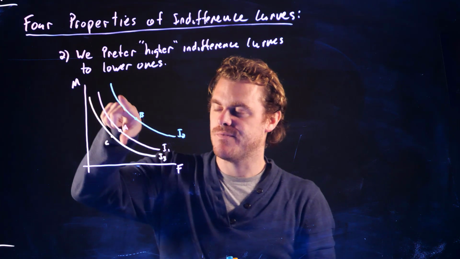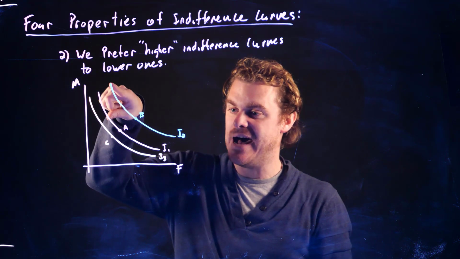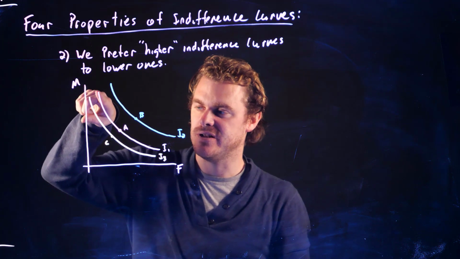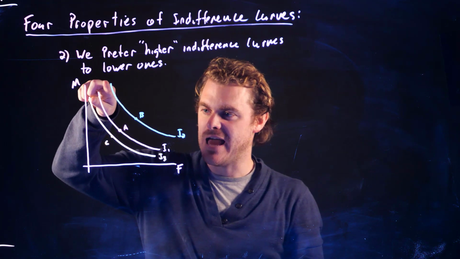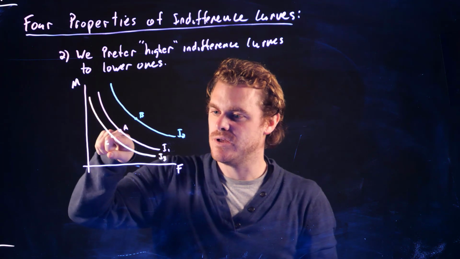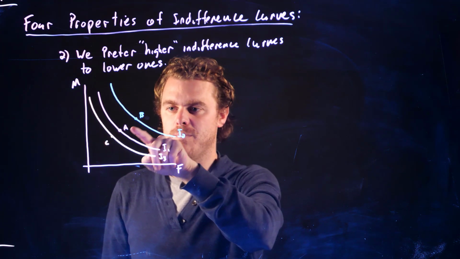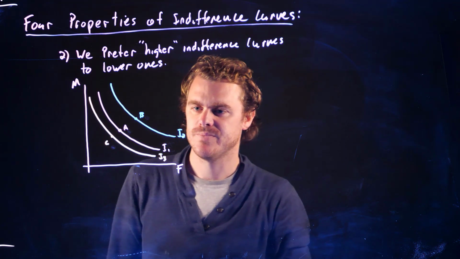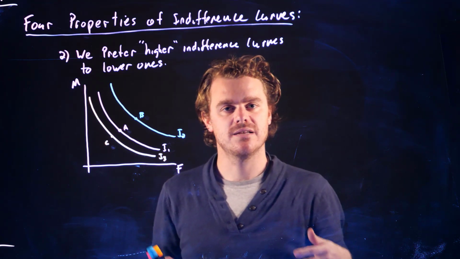So we're going to prefer any consumption bundle along I2 to any consumption bundle on I1. And we're going to prefer any consumption bundle on I1 to any consumption bundle on I3. So we'd prefer to be at point B above point A, and point A above point C, and point B above point C. So the higher the indifference curve is, the more total utility it's giving us.